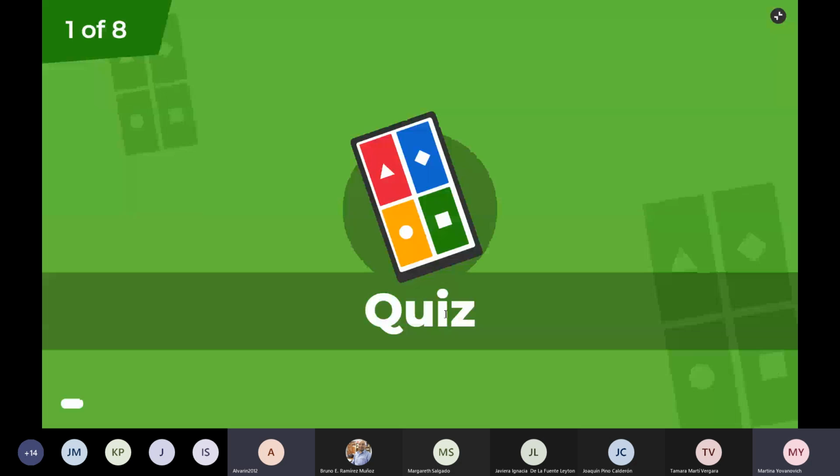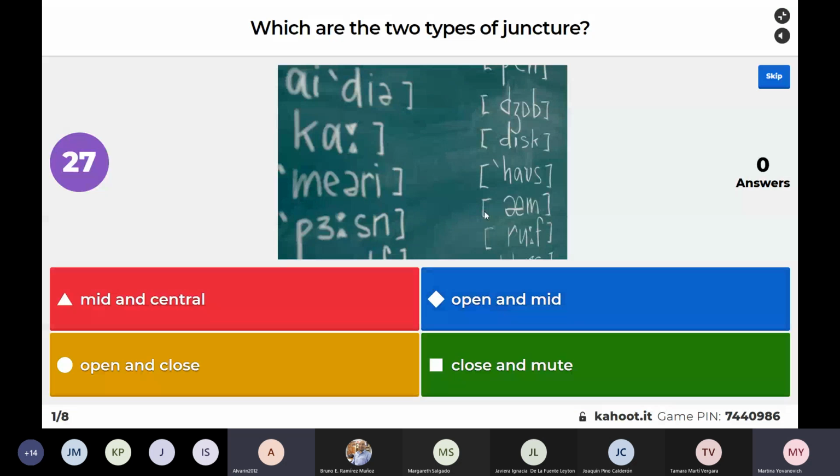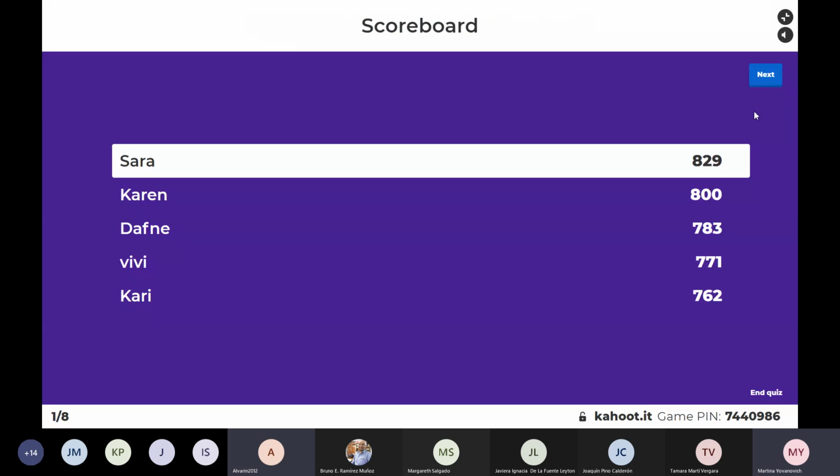Okay, first question. Which are the two types of juncture? Mid and central, open and mid, open and close, close and mode. Excellent. Well done. Two persons picked open and close. Okay. Well done, Sara, Karen, Daphne.